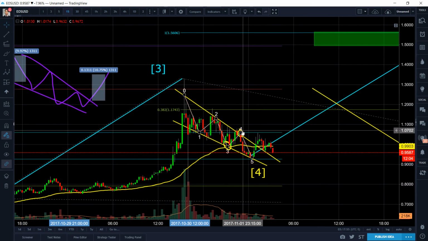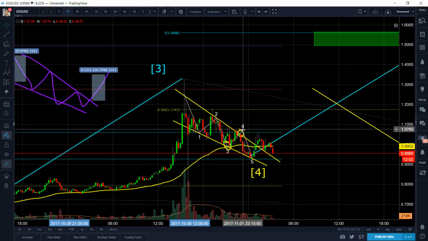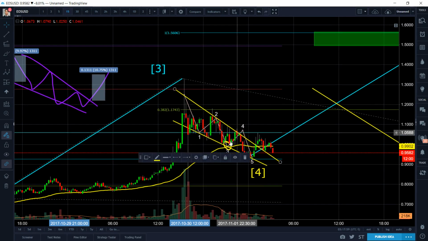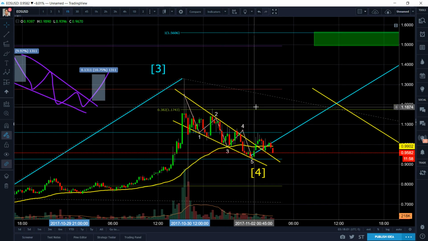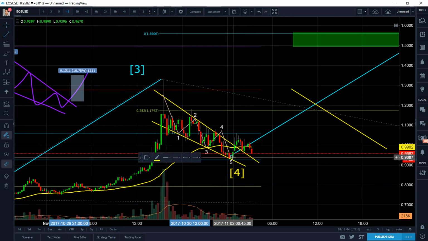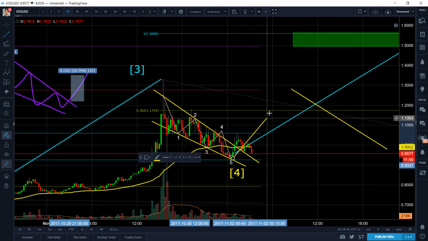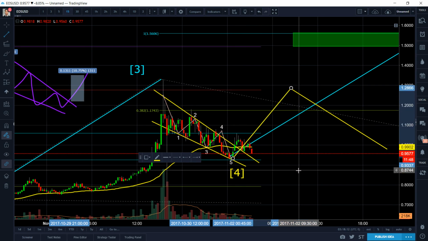So what this one is basically trying to do right now is do a corrective ABC pattern like this. So we have the 5 waves coming down, okay? And then we're basically going to get 5 waves going up here, which is fine. So watch this count. It's going to blow you guys away, okay?